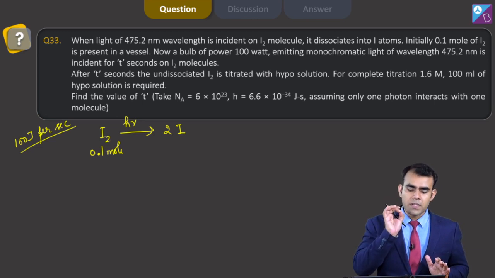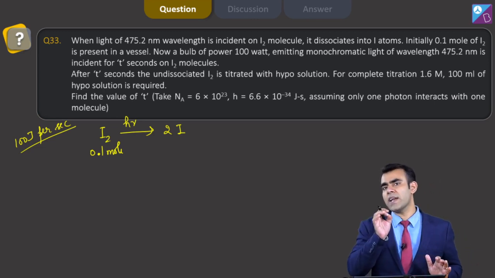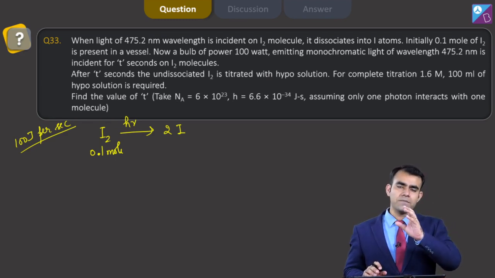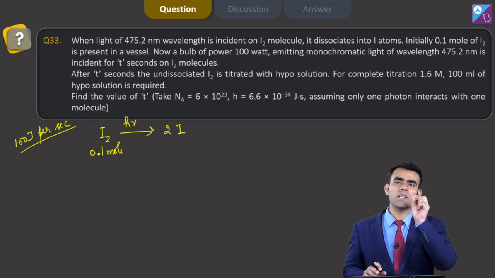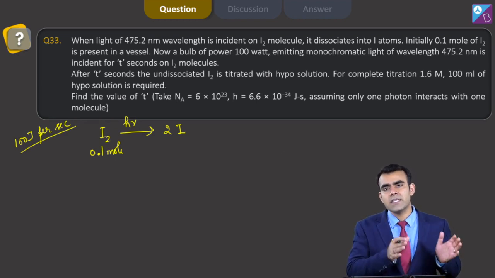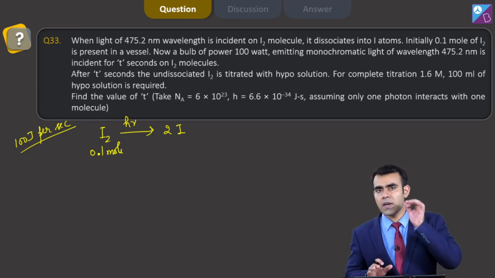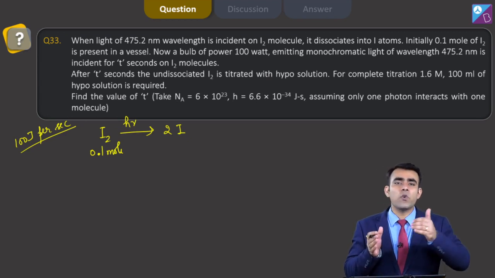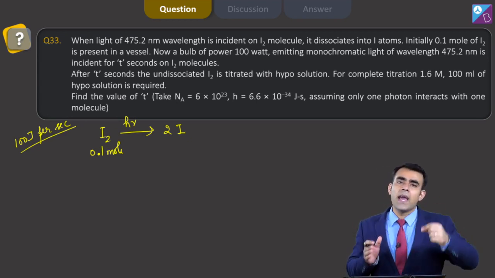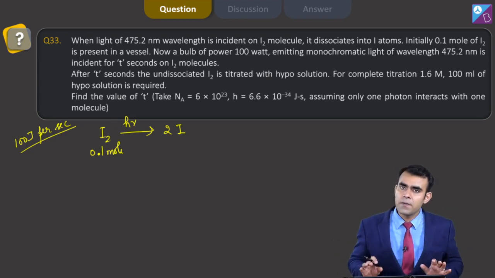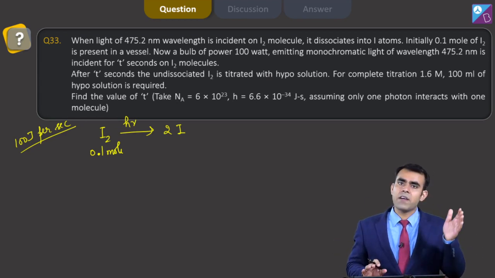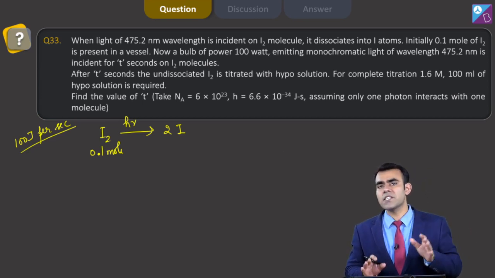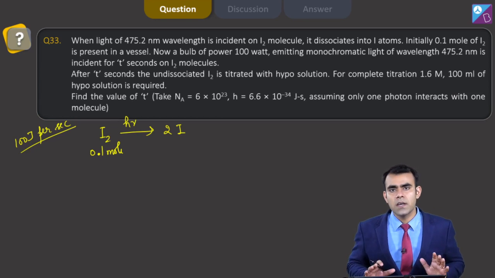So what we will do here is, first we will calculate the quantity of hypo required for titration, and from there we will get an idea of what is the amount of iodine that remains undissociated. Now if I know the amount of undissociated iodine, I can say what is the amount of iodine reacted or dissociated in presence of light. And if I know that, I can easily calculate the time in which that dissociation happens.